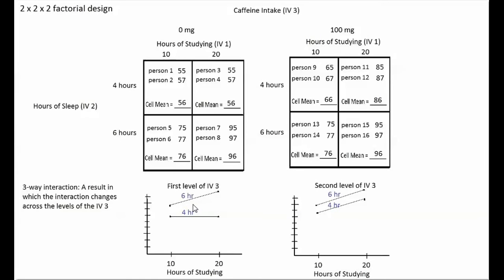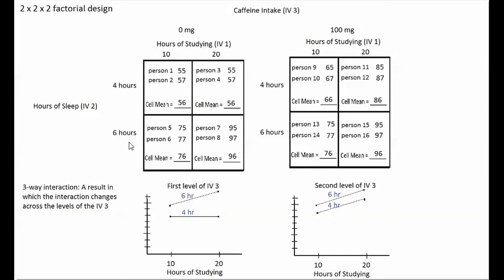What we're seeing over here in the 0 milligram condition is that when the participants are not getting enough sleep, they do poorly on the exam, regardless of whether they study 10 hours or 20 hours, because they can't think clearly. That's why these two means are both 56, and that's why this line is flat right here.